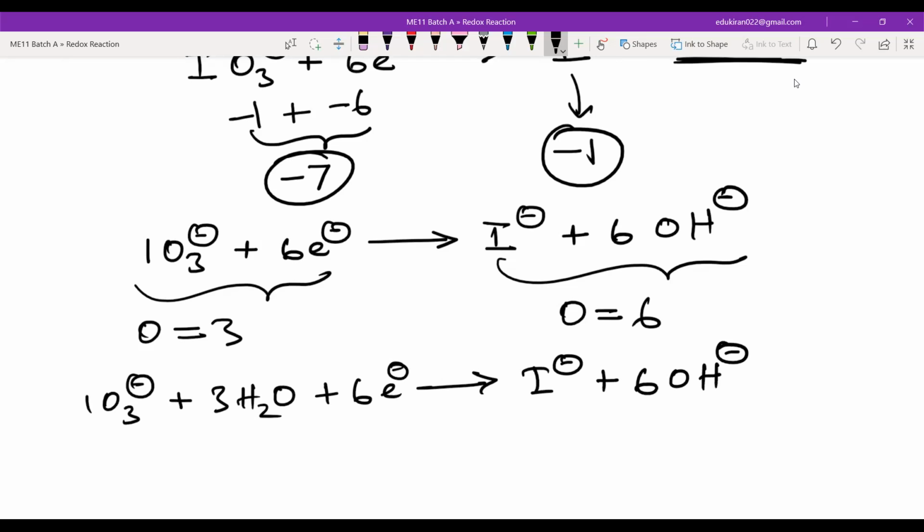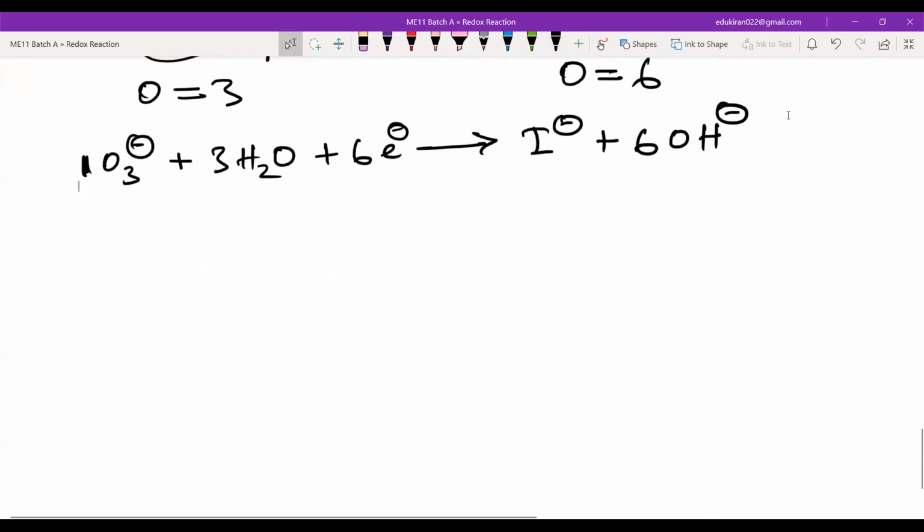What was our reaction for the oxidation? We have Cr(OH)3 and 5 OH negative. This is going to give me what?